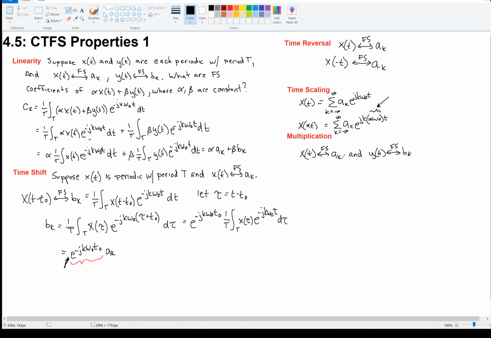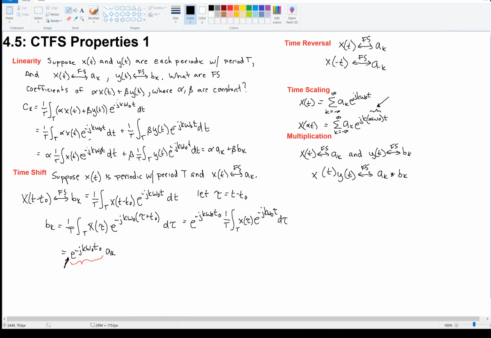And of course, implied here is that they're both periodic with period t. Then the multiplication of the two of those has Fourier series ak convolved with bk, believe it or not.